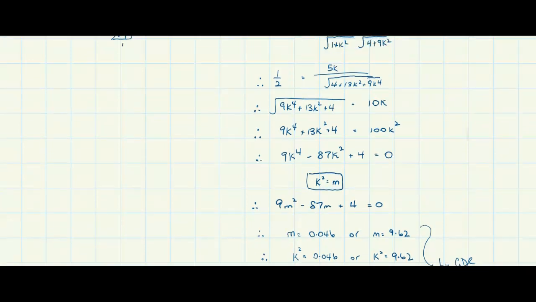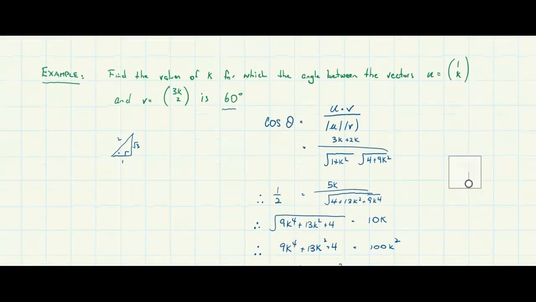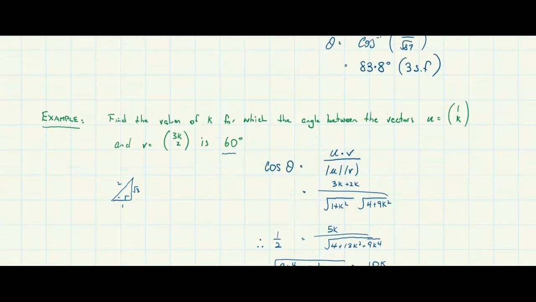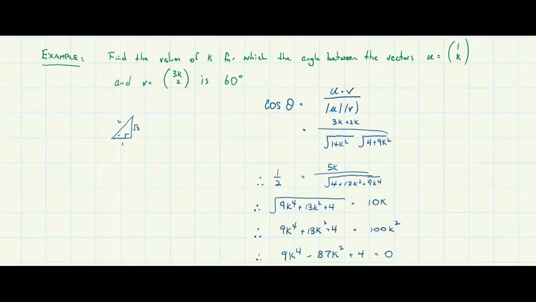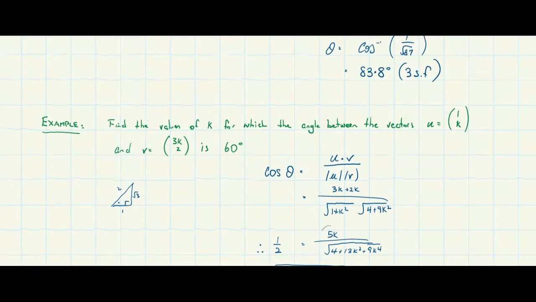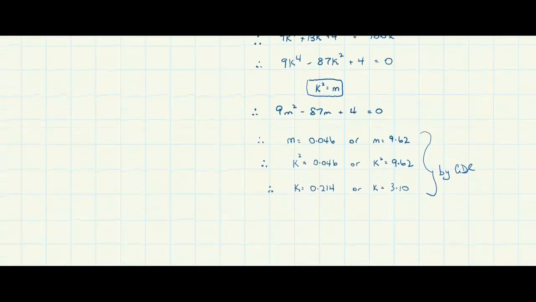Obviously, k is not going to be negative. Why not? Since we have an acute angle here, then cos theta must be positive, which means my 5k here has to be a positive value. So we can only accept positive k's, and so therefore 0.214 and 3.1 are our solutions.